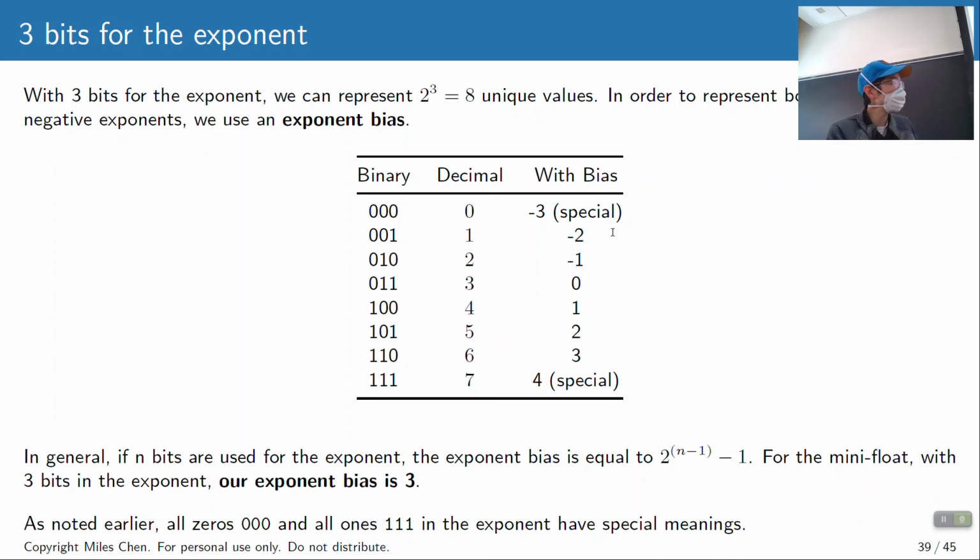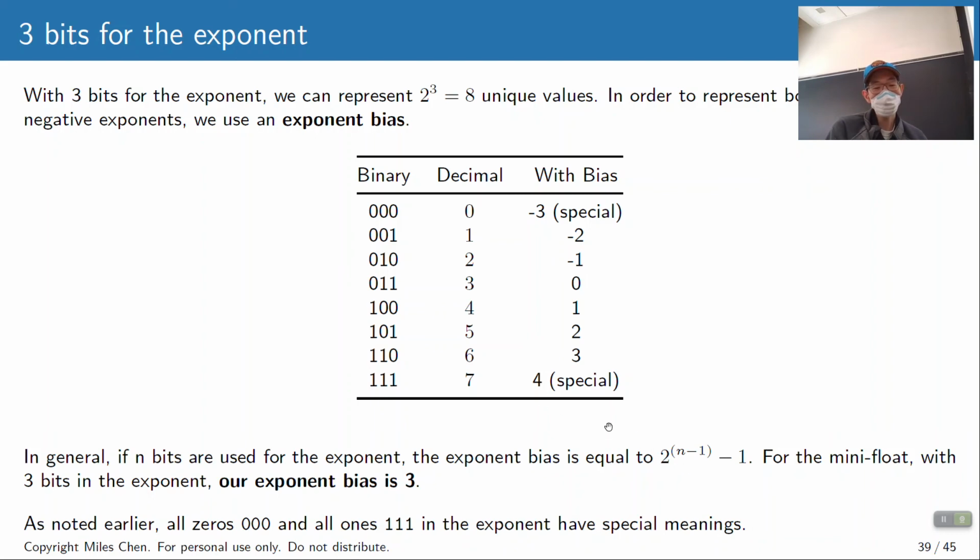So half of the remaining 6 will be positive, then you have 1 for 0, and then the rest will be negative. This means we have a bias of 3, because 6 becomes 3 and 1 becomes negative 2. We're basically subtracting off 3 to go from the decimal to our biased value. And so our exponent bias is 3.